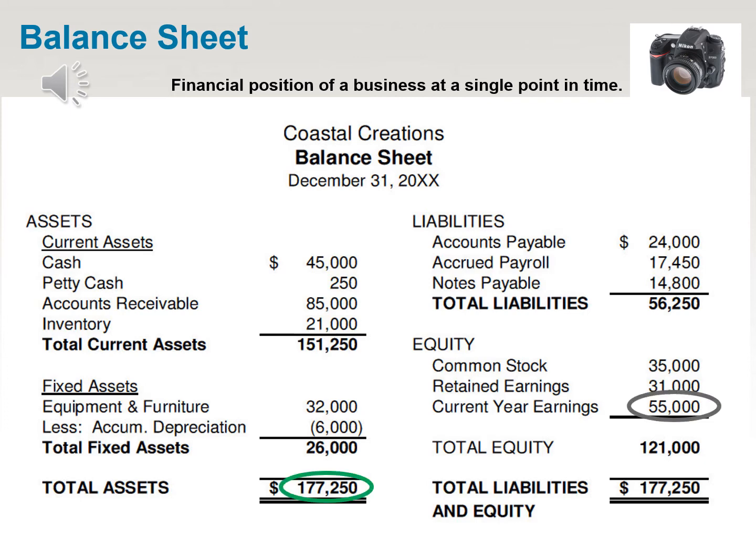So we can find this year's net income in the current year earnings account. Just by looking at it, you can tell that Coastal Creations had a good return on their money. Think of it this way. They invested $177,250, and 12 months later, they earned $55,000 on that money. That's over a 30% return. That's the return that the S&P reports for their highest producers.